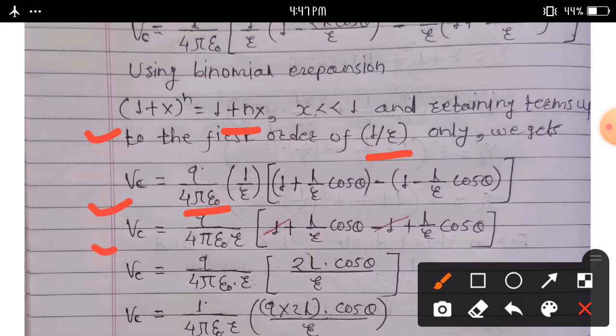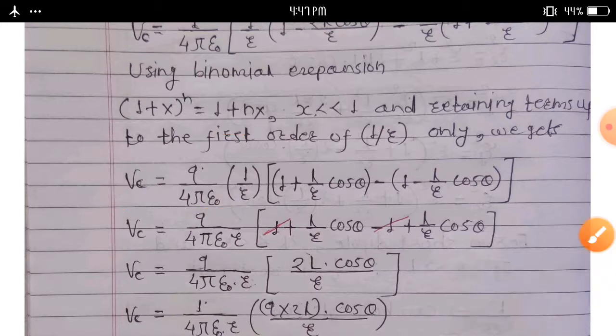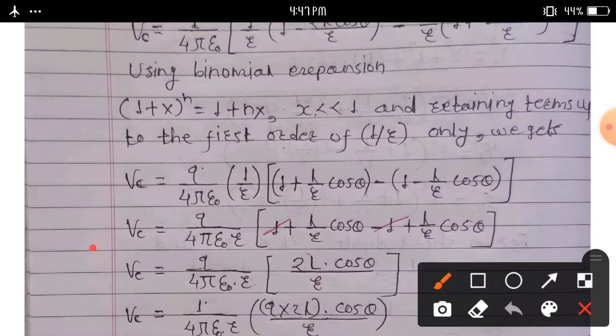Rearranging this equation, we can write Vc is equal to q/4πε₀r. Here the 1 and minus 1 get cancelled, leaving l/r cos θ, and here remaining plus l/r cos θ.